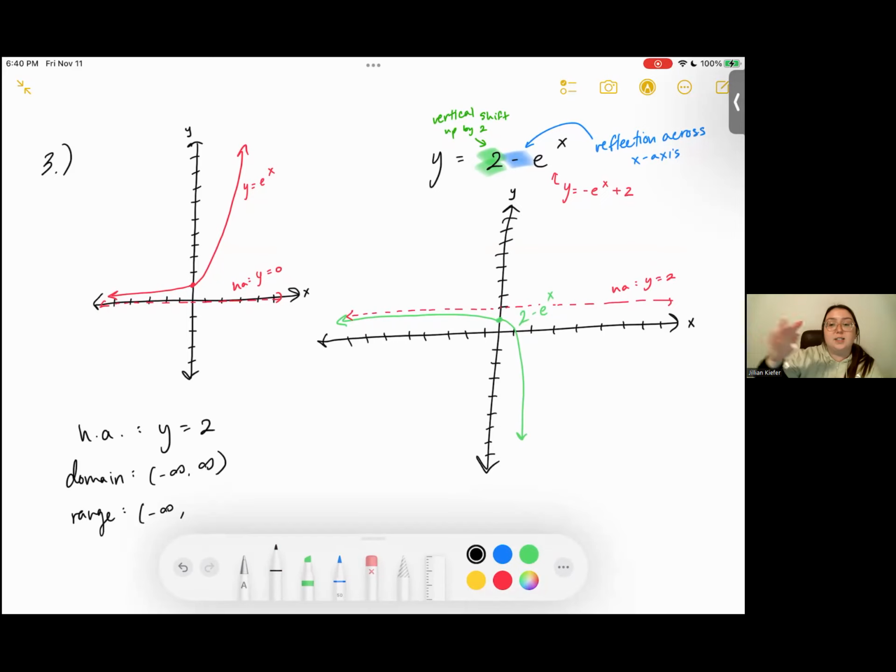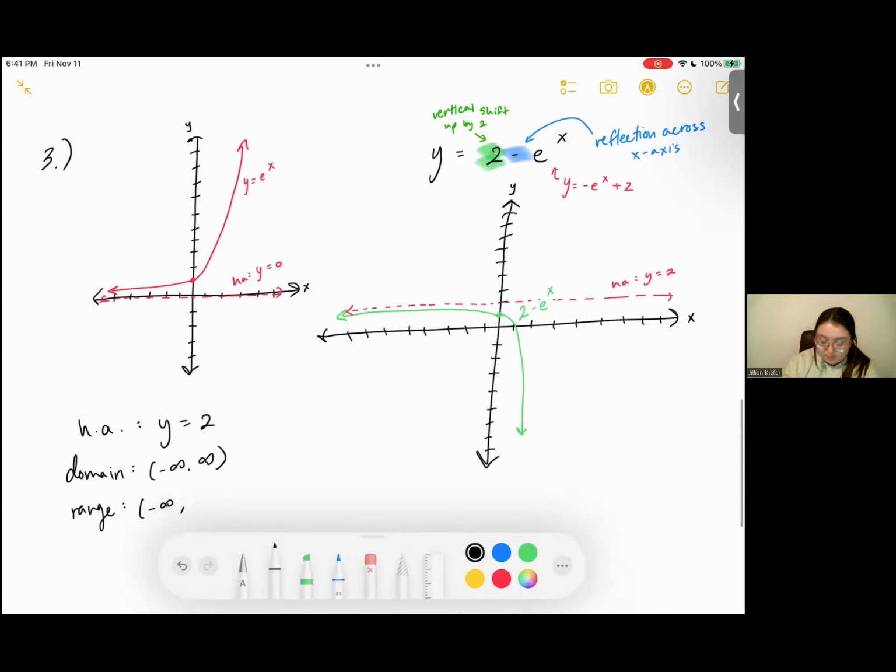We're never going to cross that horizontal asymptote at y equals 2. We're always going to get really close. We're going to hug it, but we're not quite going to reach it or touch it at all. So our range would be from negative infinity up to 2. And because we're never actually going to reach 2, it gets parentheses instead of any brackets, since we're not technically ever reaching y equals 2.